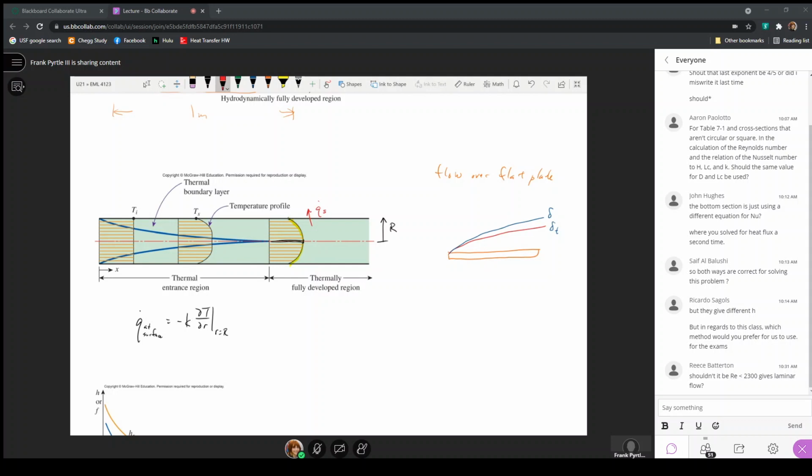So when we're looking at expressions for the thermal entry region and the end of it, all this says is that, let's say, in the thermal entry region, h varies.